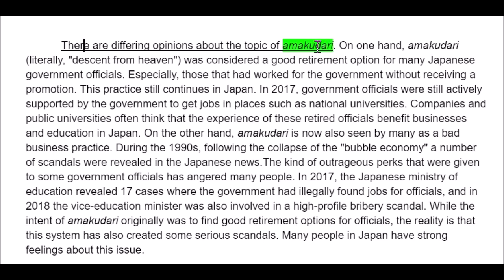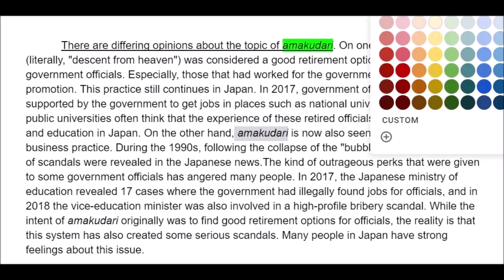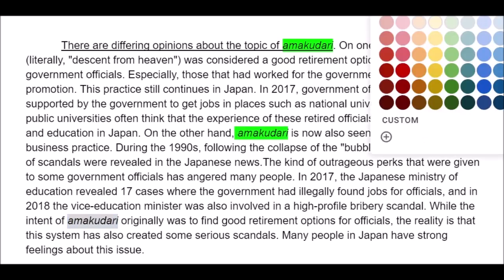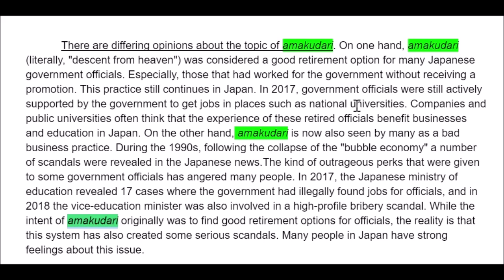We can use the techniques that we studied last class to double check that was actually the topic, and we'll find the word Amakodari repeated in the text several times, and notice that Amakodari is written in italics.